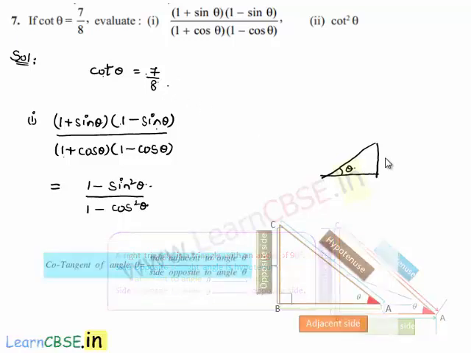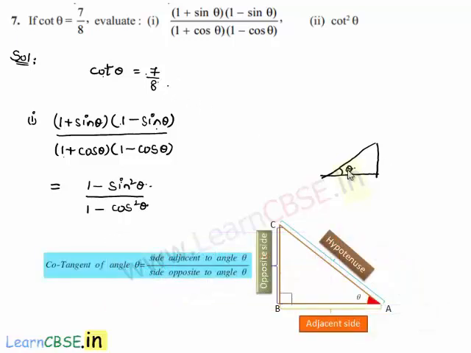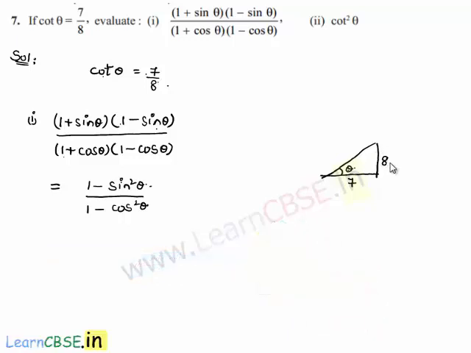The adjacent side of theta is the base, which is 7, and let the opposite side be 8. We need to find the hypotenuse in order to get the values of sin theta and cos theta.